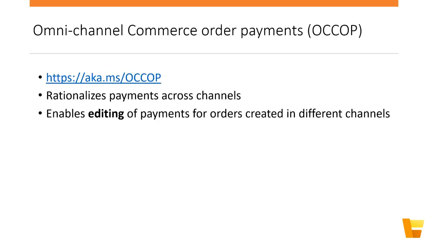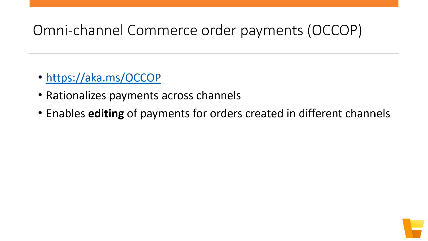So last summer, in the summer of 2020, we shipped omnichannel commerce order payments. I often abbreviate it when I'm writing to OCCOP. I decided to do that after I wrote omnichannel commerce order payments a few hundred times and realized there needs to be an easier way to do that. But what this does is it rationalizes payments across all of our channels. I'll explain what that means in more detail later.